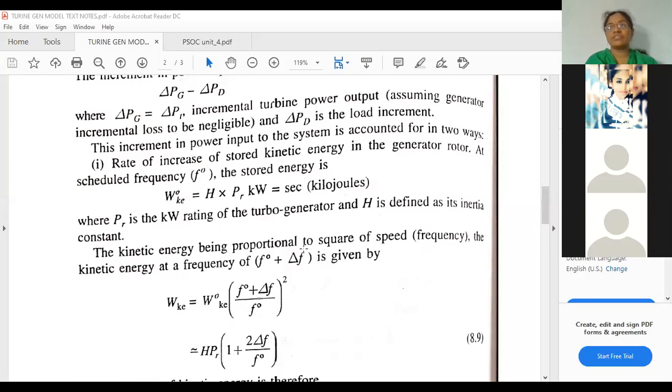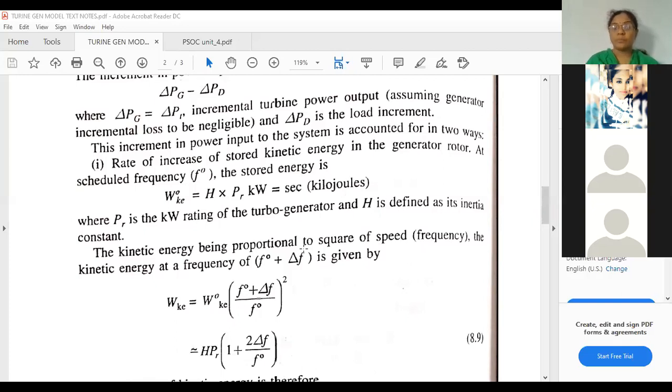Whatever the input for the generator, we are connecting the turbine to the generator. What is the output of the turbine? The mechanical energy is the output of the turbine. Whatever mechanical energy is there is converted into electrical energy in the generator.